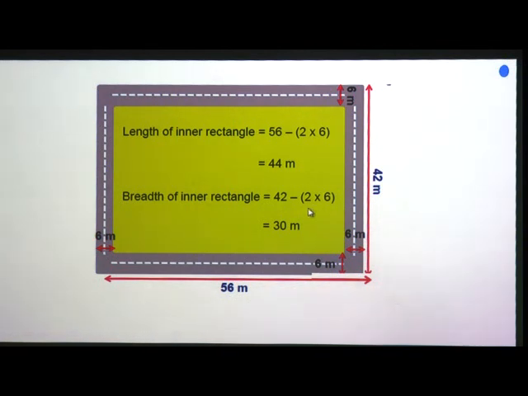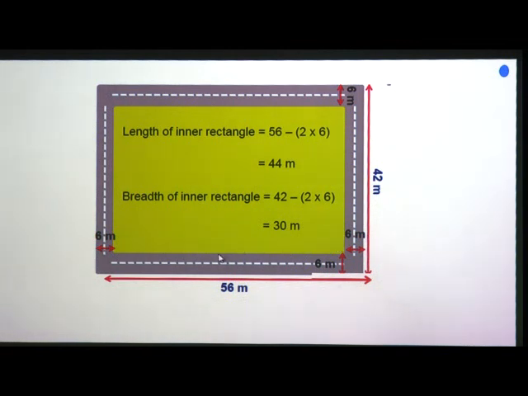So we multiply by 2 into 6, which is 12. 42 minus 12 is 30 meters. What is 30 meters? It is the breadth of the inner green rectangle. Now you know the length of the inner rectangle, shown in green, as well as the breadth.